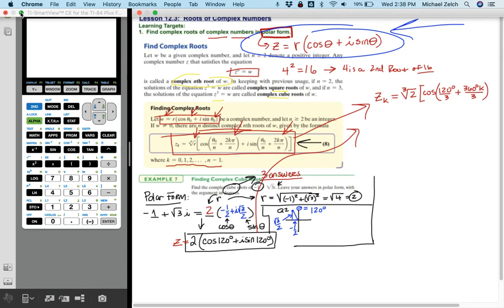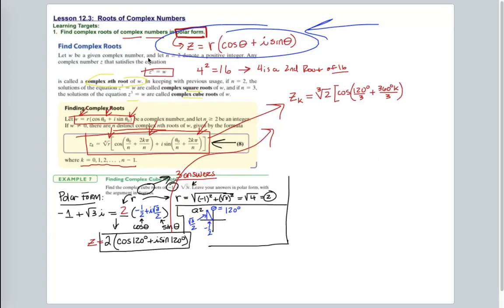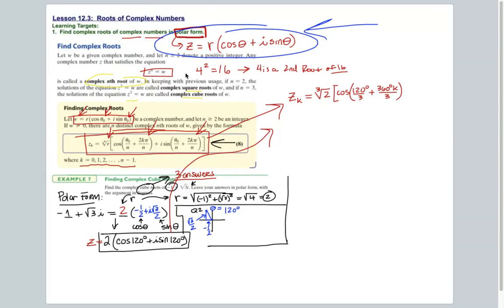All right, now I'm going to add to that the i, multiplied by the sine of, and I'm going to do a direct copy of what I did with cosine: 120 over 3 plus 360k over 3.